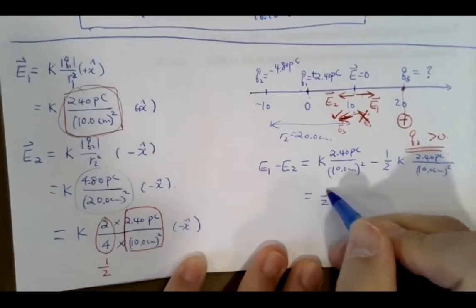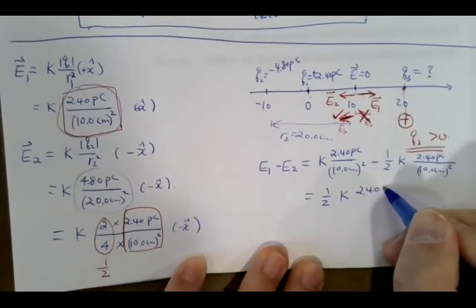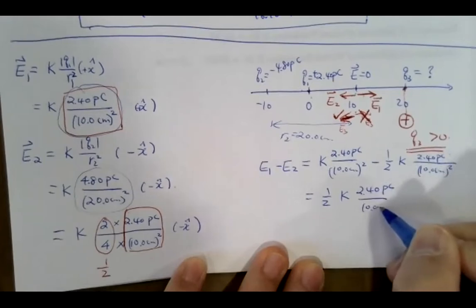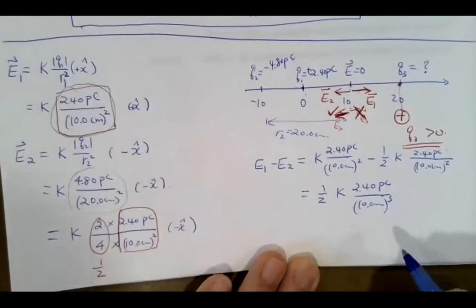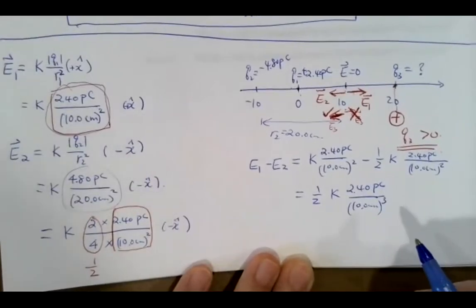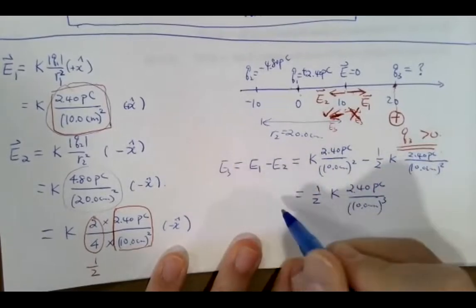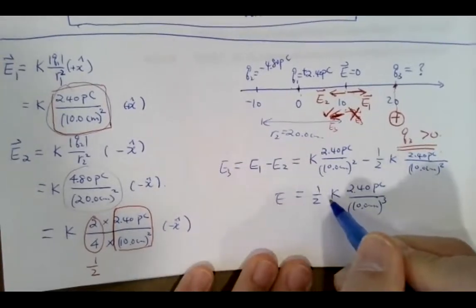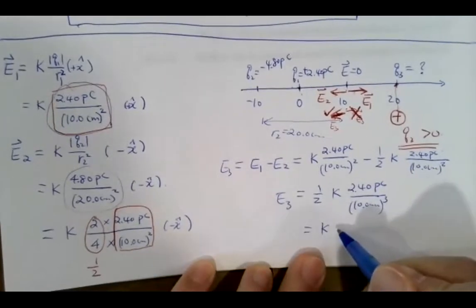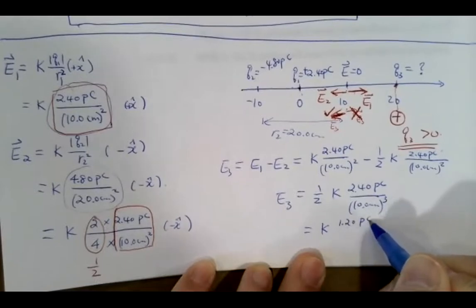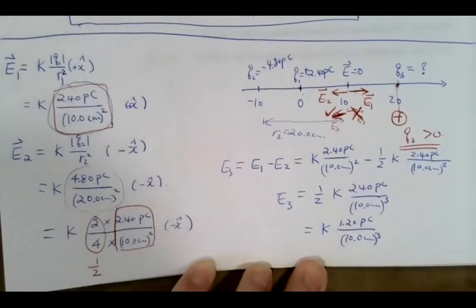So that equals 1/2 K 2.4 pC over 10 centimeter squared. That should be equal to your E3, right? E3 should be equal to that. So that tells you E3 equals K times 1.20 pC over 10.0 cm squared, right?